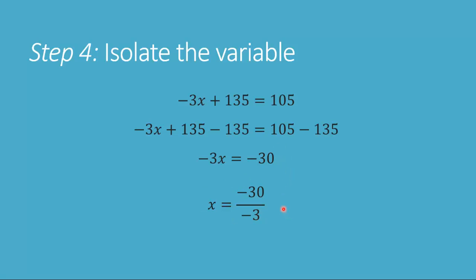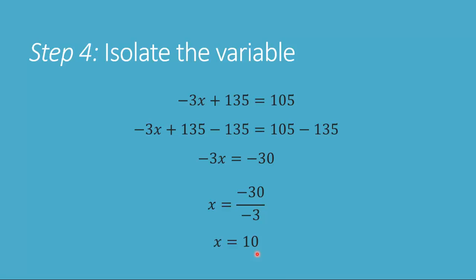This makes it very clean. So after dividing both sides by negative 3, you get x all by itself, and negative 30 divided by negative 3 simplifies to 10. So our answer is x is equal to 10.